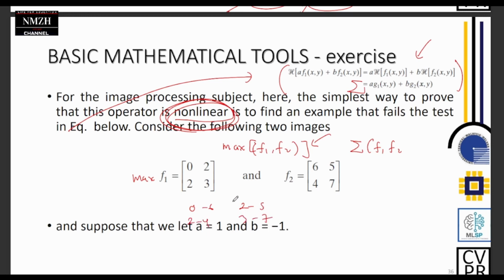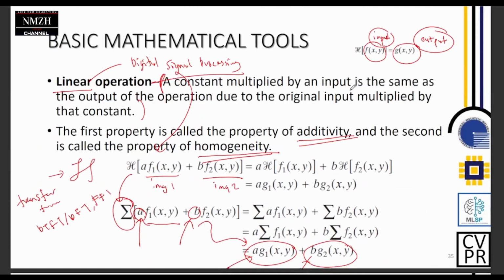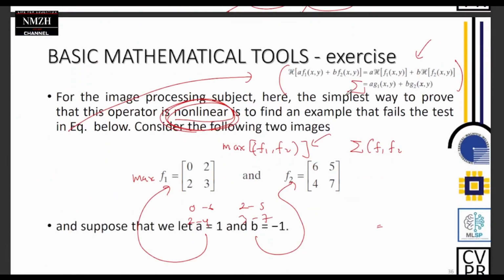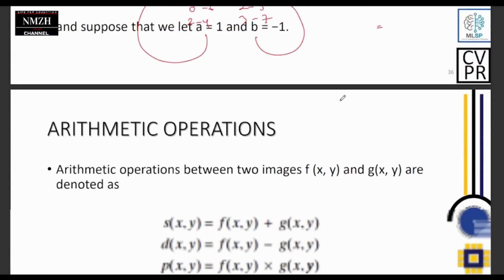At the end of the day, if we put A in front of F1 and B in front of F2, the output is similar to the one that we gained in the slide for linearity. So that would be one exercise to be done at home.